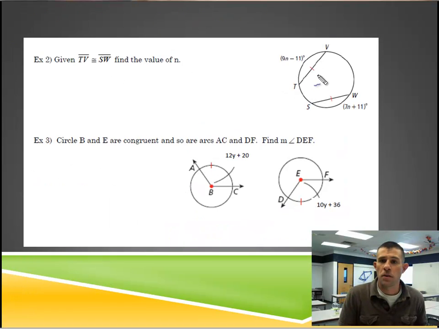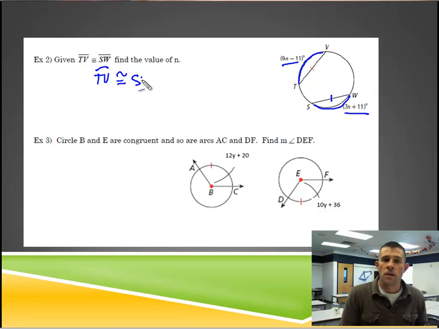In our next example, we're given that TV is congruent to SW. So TV is a chord. It's congruent to SW. And I'm given expressions for these arcs, arc TV and arc SW. Well, I know that chords are congruent, therefore the arcs that go between TV and SW must also be congruent.